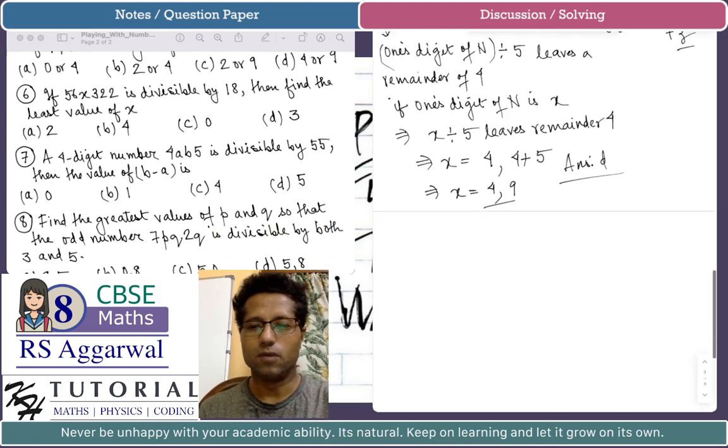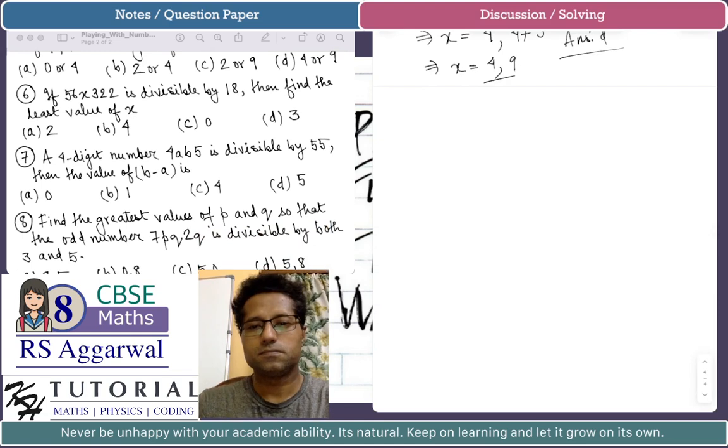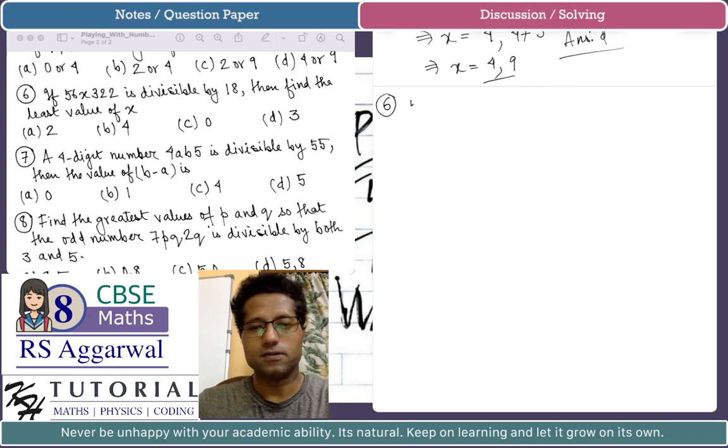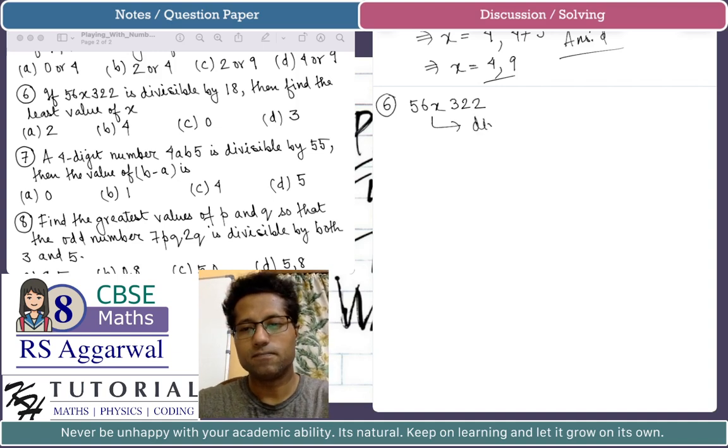Okay, let's do problem number 6. It is saying that the number 56x322 is divisible by 18.